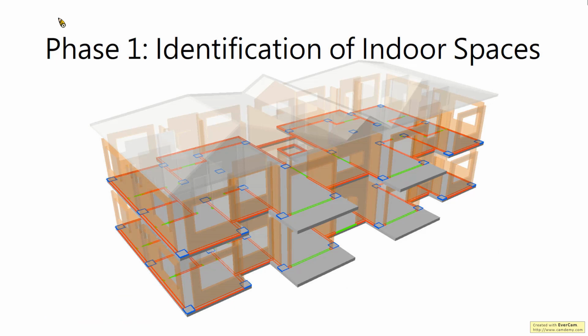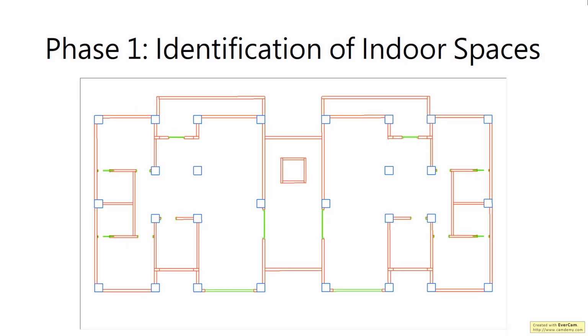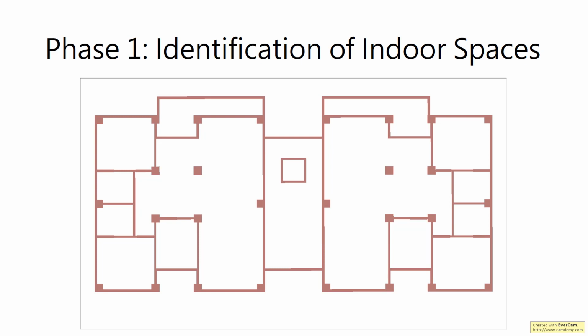Phase 1. Identification of indoor spaces. The algorithm first intersects the horizontal components like slabs and vertical components like walls, columns, and doors to generate the partitioning areas of indoor spaces like this.